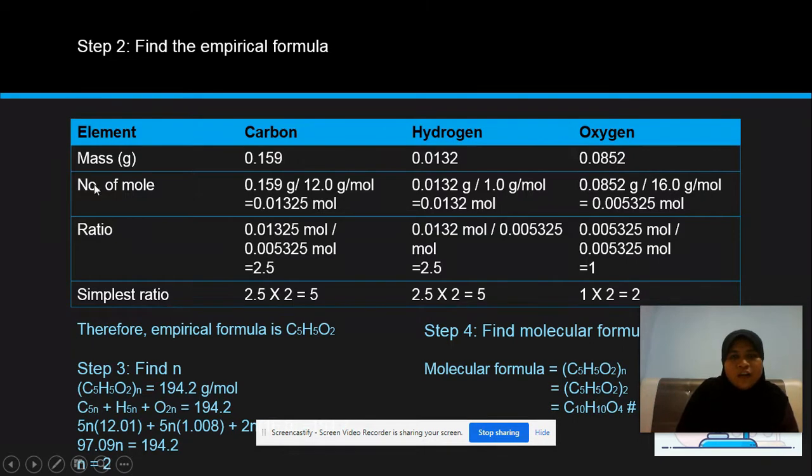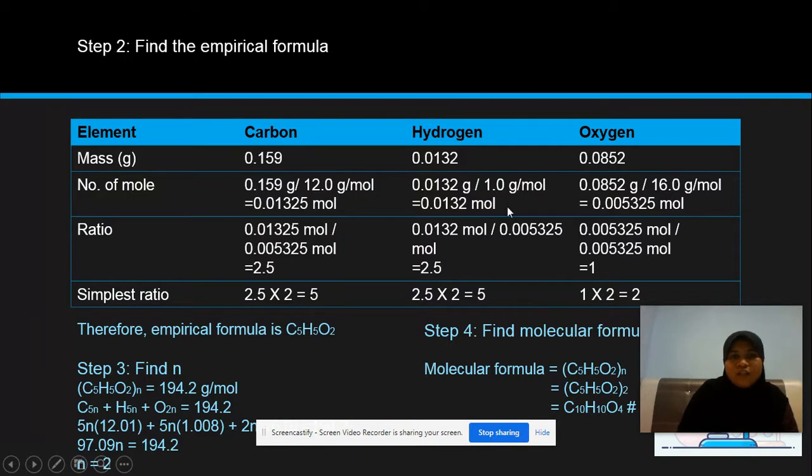From the calculation before, we got the mass of each element: carbon 0.159 gram, hydrogen 0.0132 gram, and oxygen 0.0852 gram.